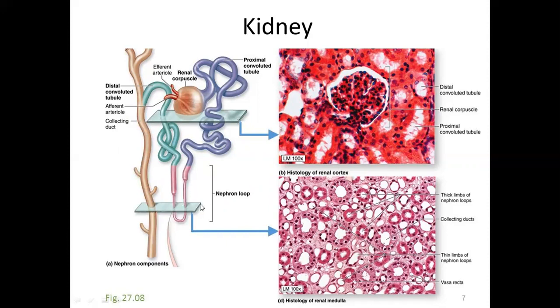In the cortex, we have to look at three different structures: the renal corpuscles and their parts, the proximal convoluted tubule, and the distal convoluted tubule. Within the renal medulla, we have to look at the nephron loops, the loop of Henle with its different components, and the collecting ducts.